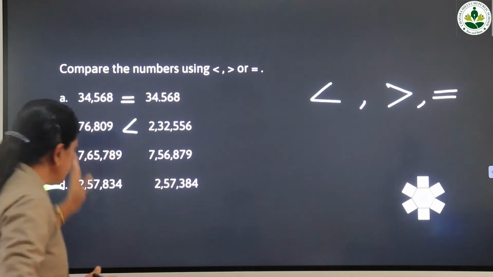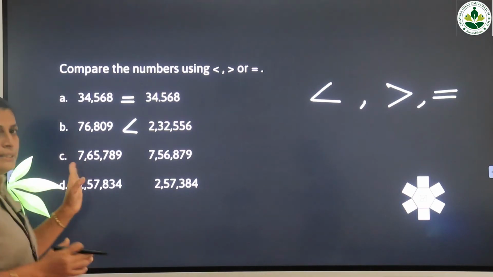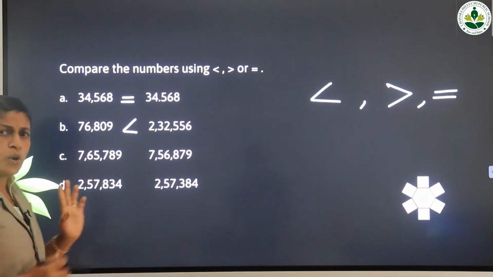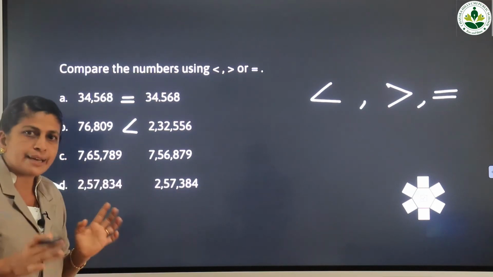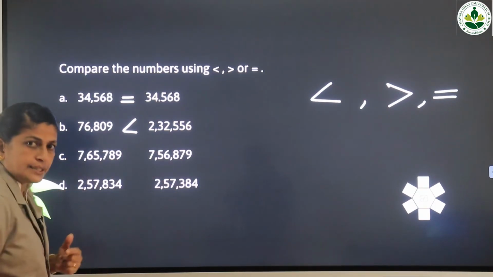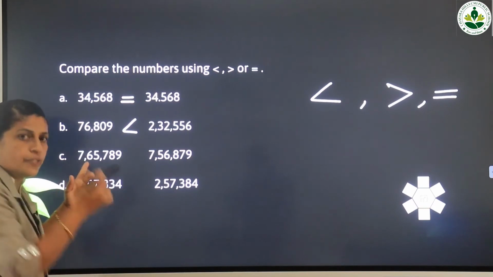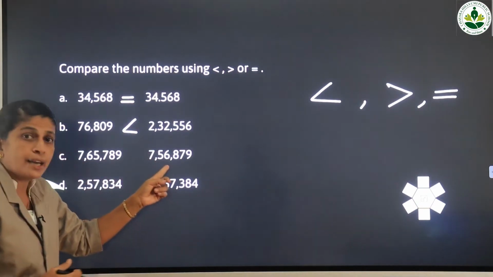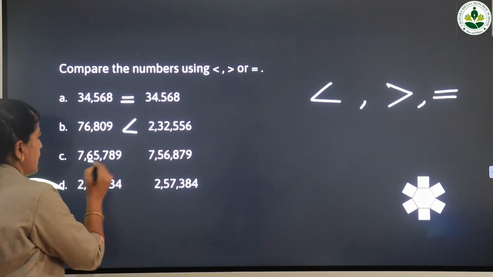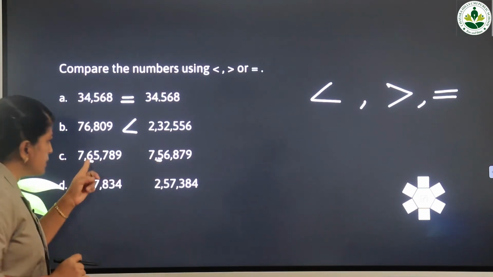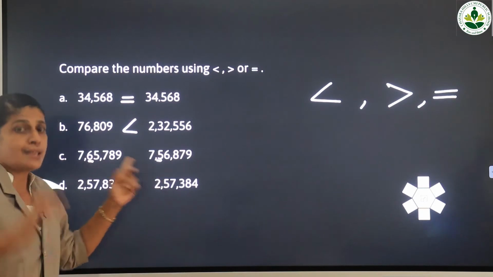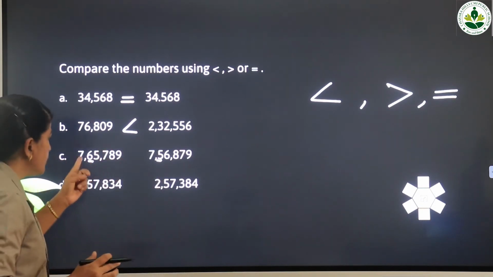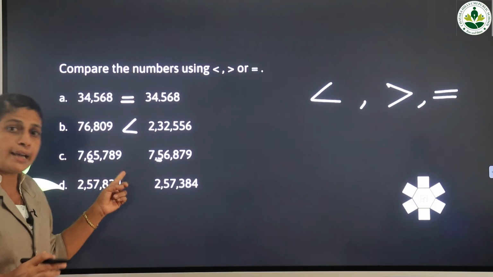First, compare the digits in the leftmost place. The leftmost digit is 7 in both numbers. They are the same. Then look at the next digit. The next digit is 6 in the first number and 5 in the second number. Which is bigger, 6 or 5? 6 is bigger. Therefore, the first number will be the greater number.